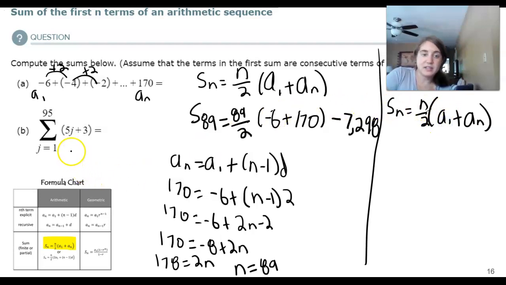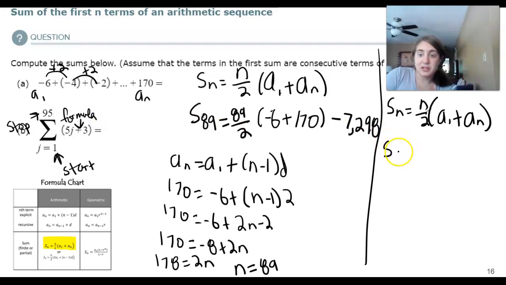I know that this is telling me where to start, where to stop, and the formula. So I know I'm doing 95 terms. I'm summing the first 95 terms. But I need to figure out the first term.